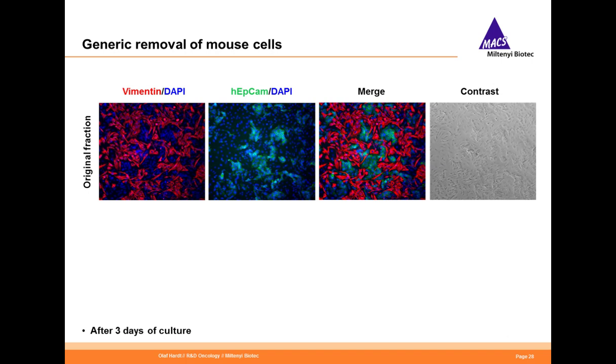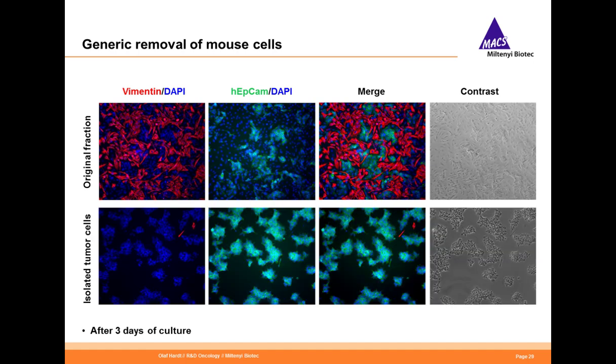However, if you now do a drug toxicity assay on this, it would be very hard to distinguish which effects come from your target cell and which from your contaminating cell fractions. By using just this 20-minute mouse cell removal method, you then have your isolated tumor cells and there are barely any mouse cells left in the fraction. And now, of course, you can do a very homogeneous readout.